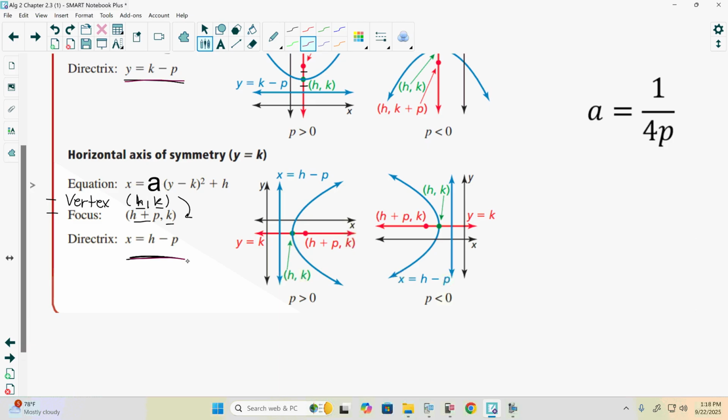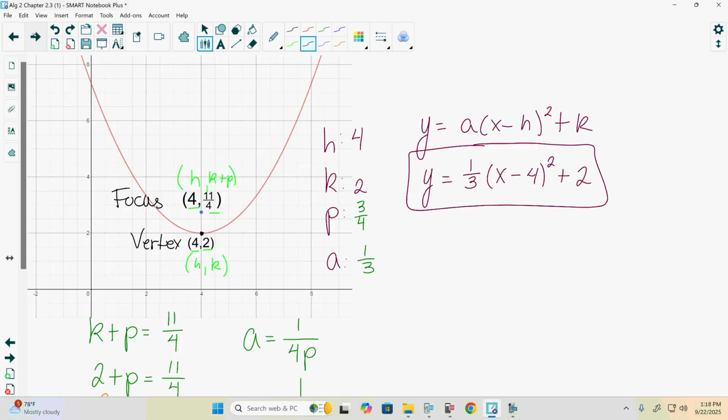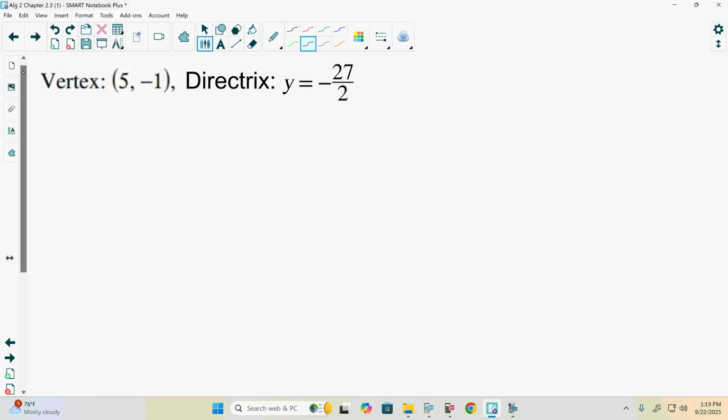If it's x equals, it's the x equals equation. It's one or the other. Which is kind of nice because we look at the directrix, it tells us y equals negative 27/2. It immediately tells us which equation it is. This has to be our y equals.